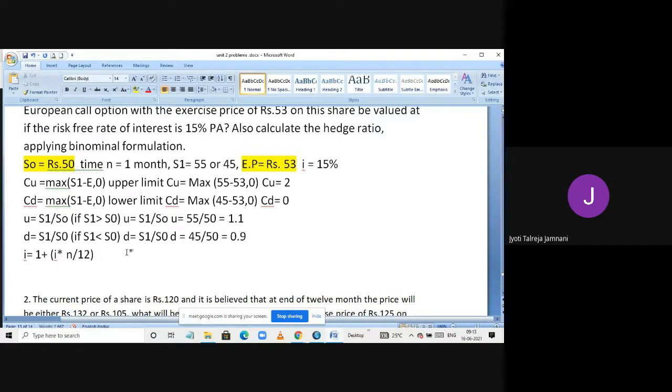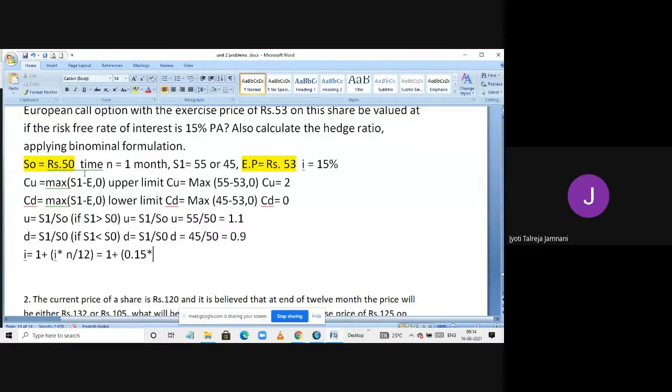Now we'll find the value of I. To find the value of I, this is the formula. I'll write 1 plus I, that is 15% they've given, so 0.15 we can take, into n divided by 12.